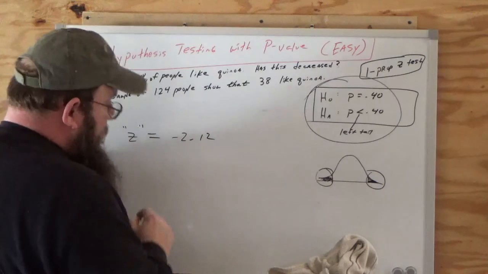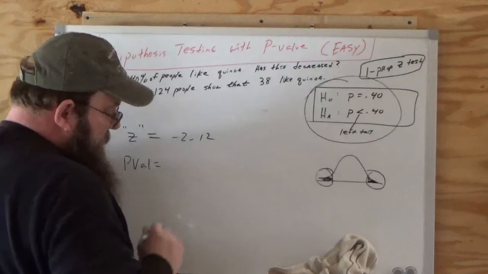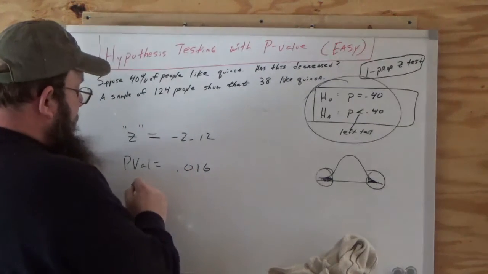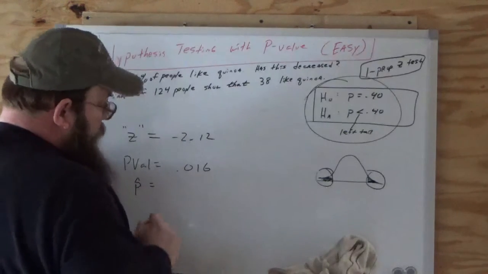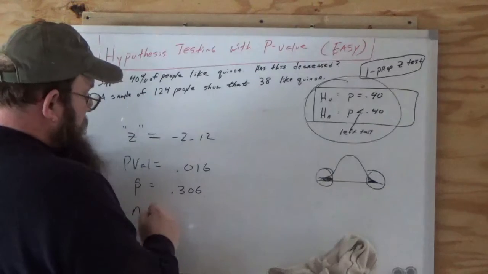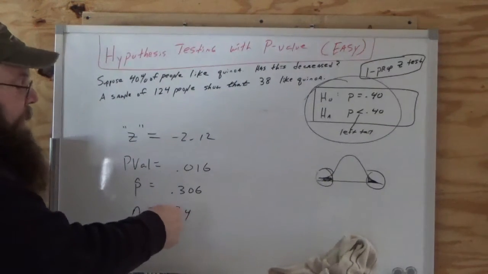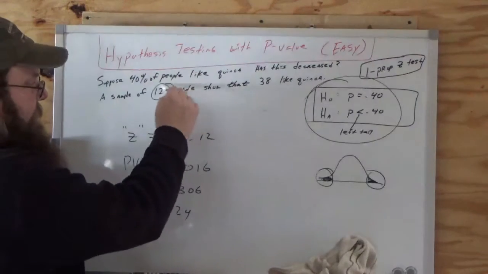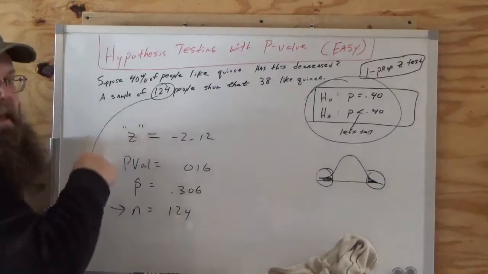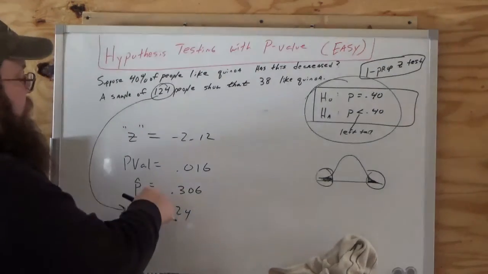I'm rounding off, by the way. It says p-val. P-val is 0.016. It says p hat 0.306. And it says n 124. Well, folks, the n, we don't care about that because that was up here. P hat, we found that earlier when we went through it in the traditional method. So there's your p hat.